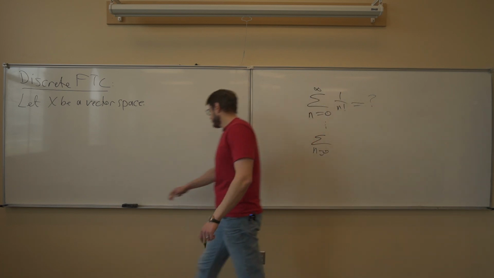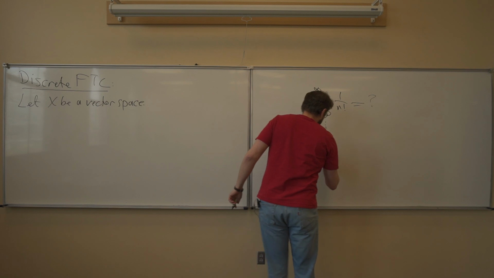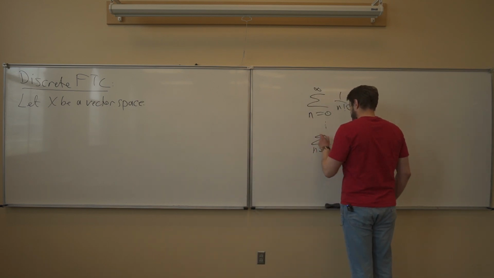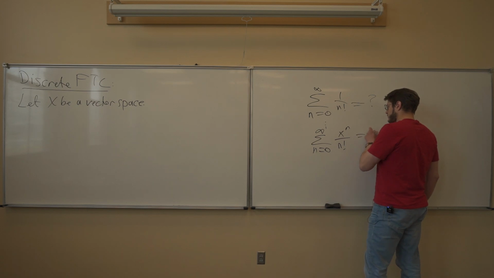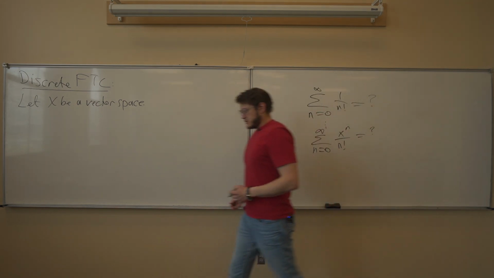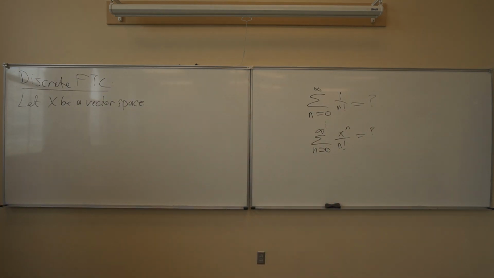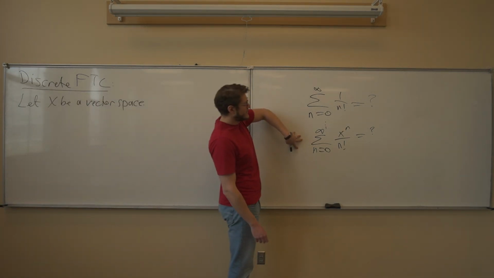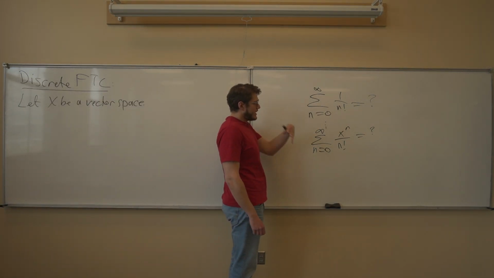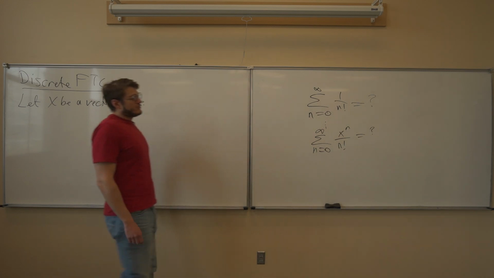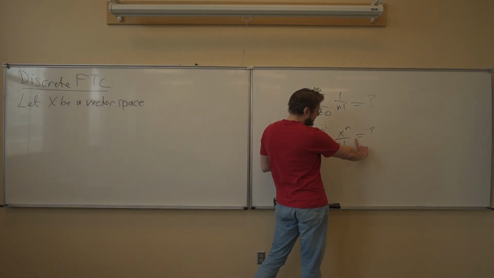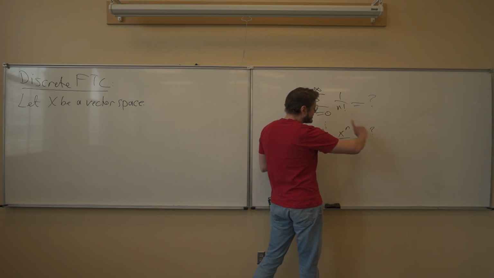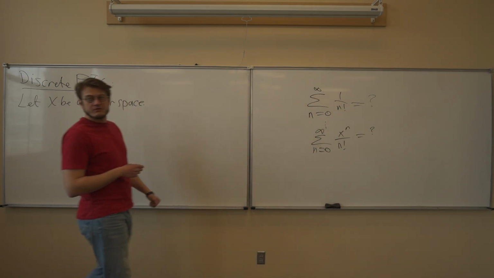We would like to switch perhaps from this to something like this, where now x is a variable. If possible, we would like to be able to make sense of this expression at least for some x values. And furthermore, if possible, we would like to be able to figure out if we can treat this guy as a function of x itself.